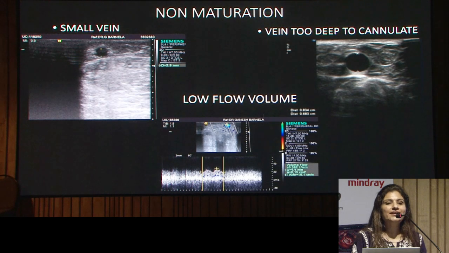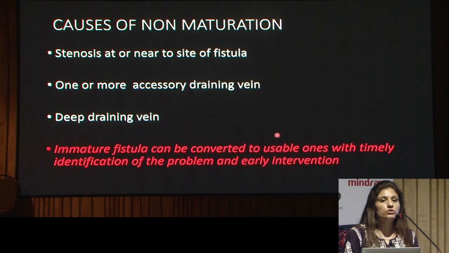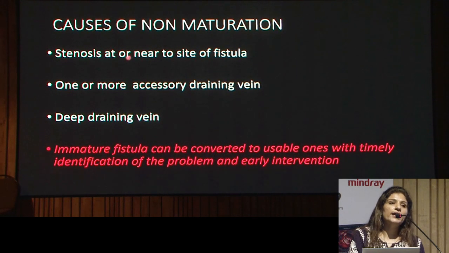Here you see it is just 96 ml per minute. So with either of these situations, the fistula is immature, and what is important is if we are able to identify the cause, the surgeon can actually take steps to make the fistula functioning. So identifying the cause why the fistula did not mature is very, very important.